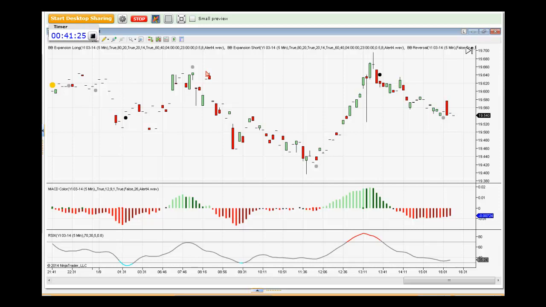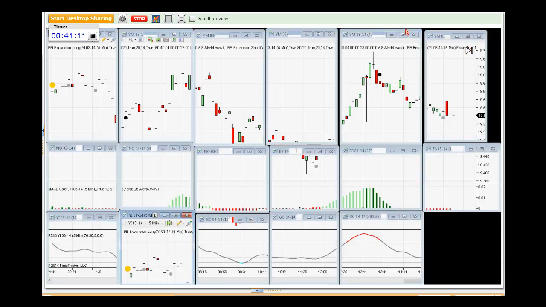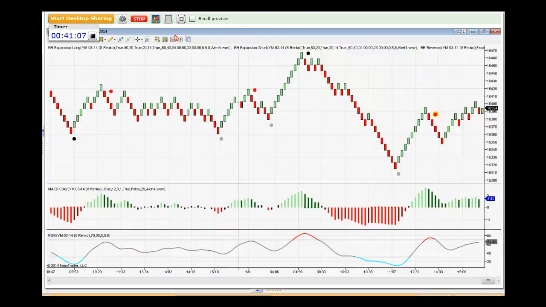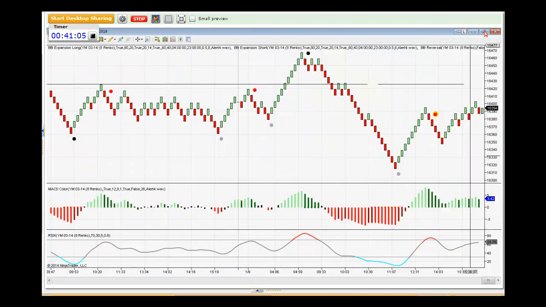A blue or red dot agrees with the higher time frame. So it's not only with trend on the existing chart, but also coincides with the higher time frame. So here we're looking at a Renko, which I sometimes trade as well.